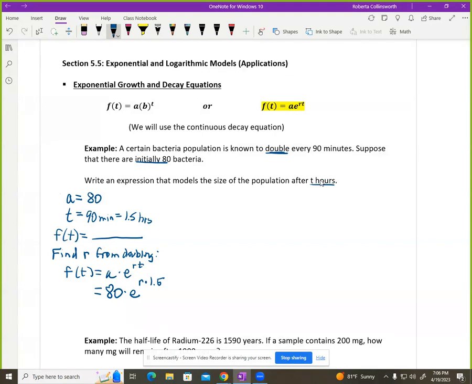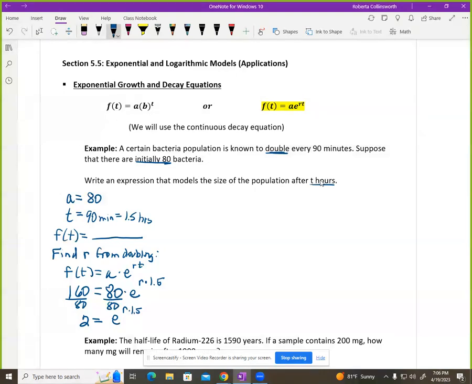And I also know that after these 1.5 hours, which is 90 minutes, my initial population of 80 doubles. So this is 160. I'm going to divide both sides by 80, which tells me that 2 equals e raised to the R times 1.5 power.